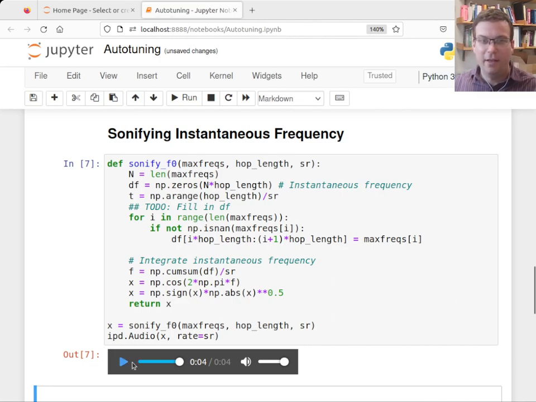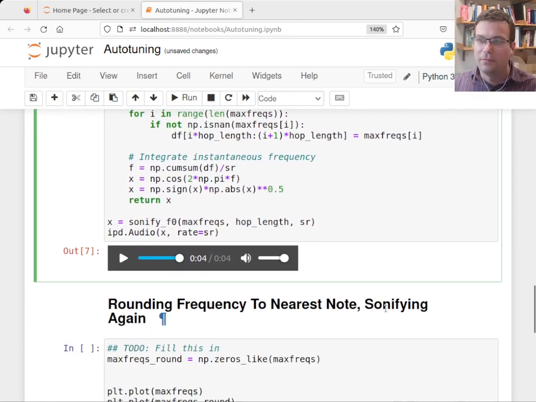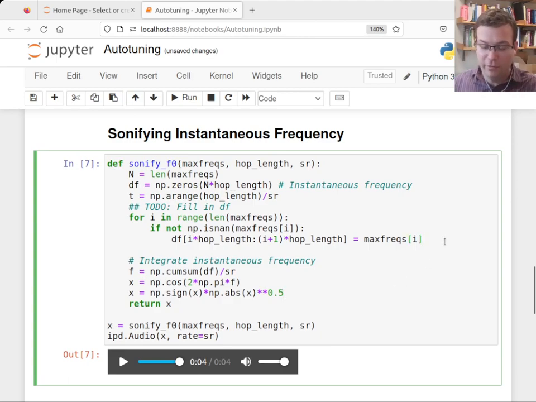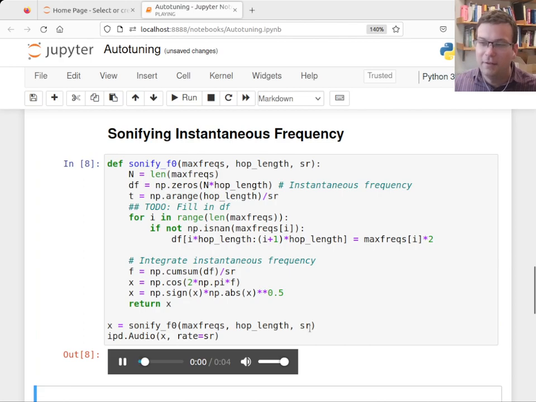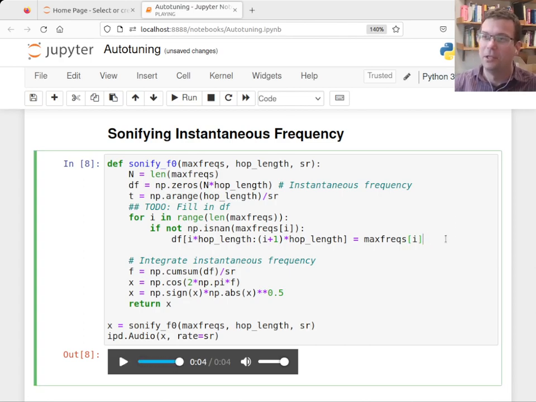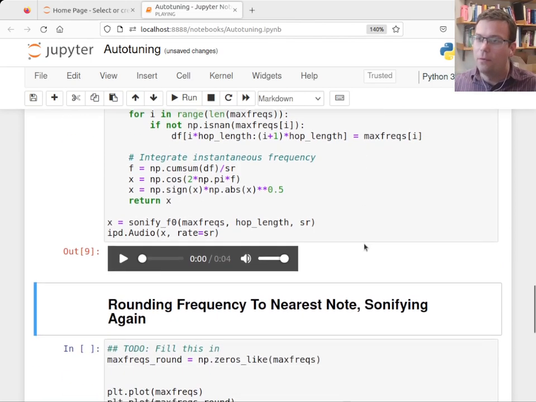There's Marvin Gaye as somewhere between a cosine and a square wave. So that's pretty cool. And I guess if I wanted to, I could even put them up an octave. So I could multiply this by 2. There we have it. Cool.